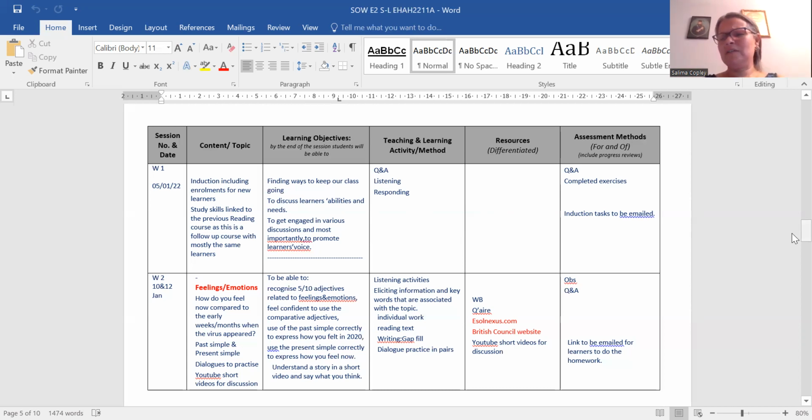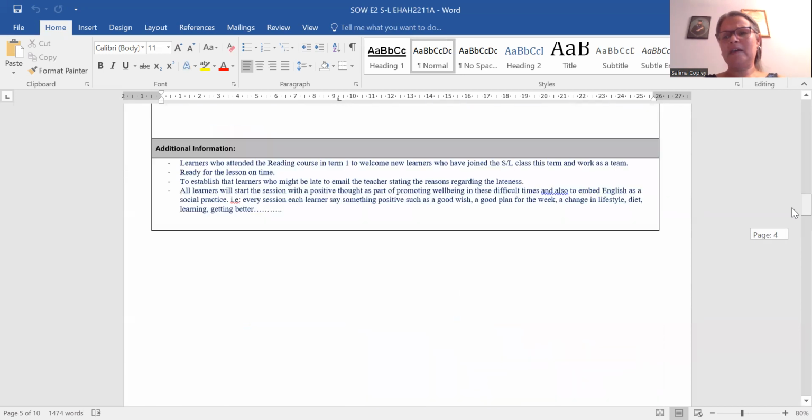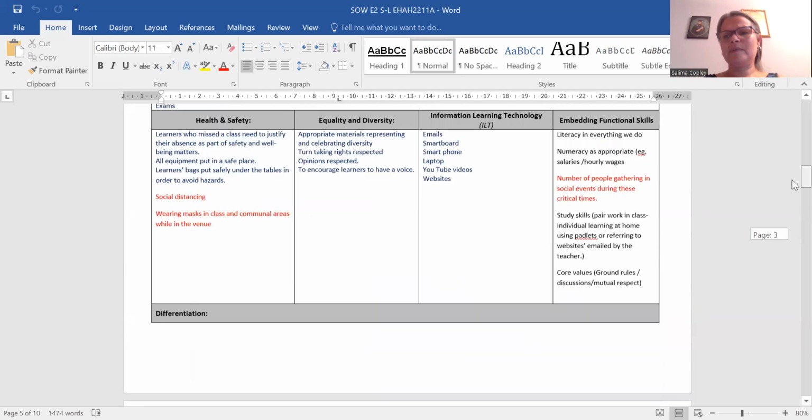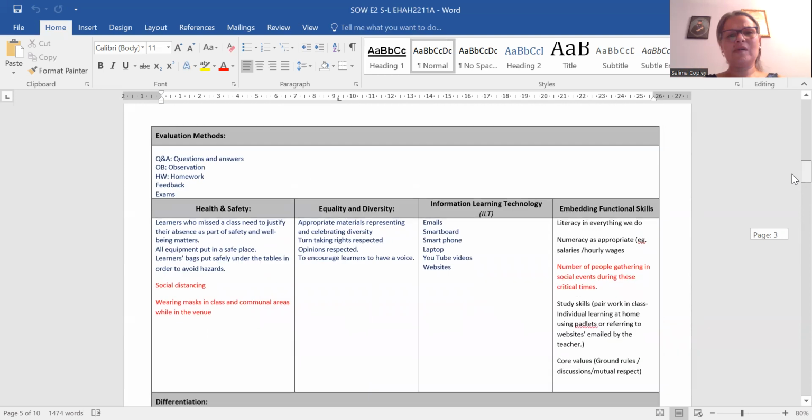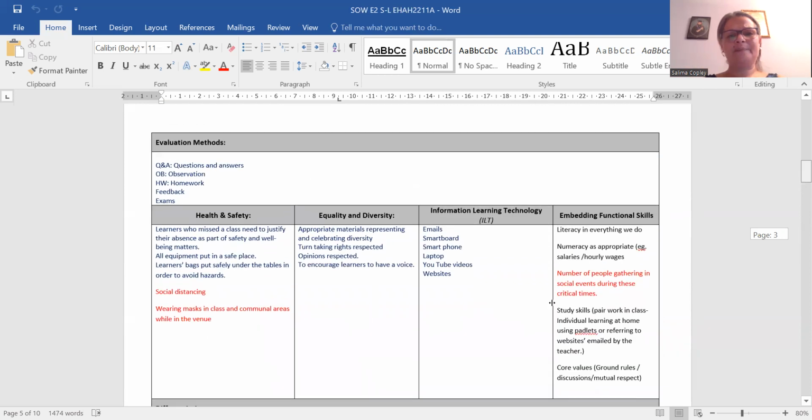Just let me go back a step. If you're dealing with adults, you need to exchange emails so you can correspond. But if they are teenagers, make sure you take the consent of the parents.